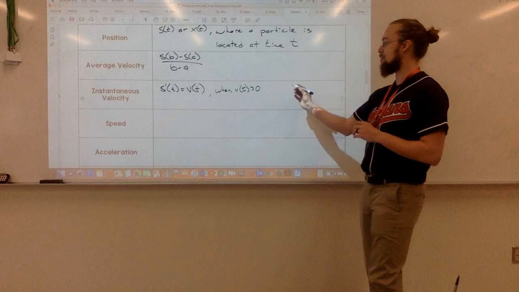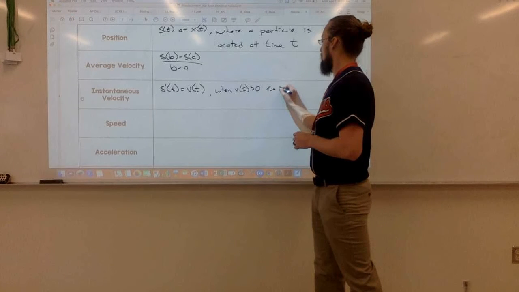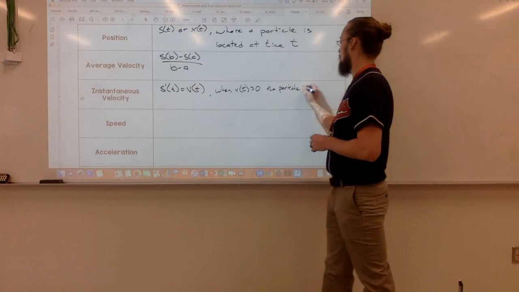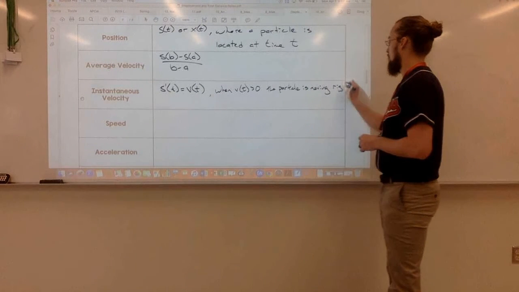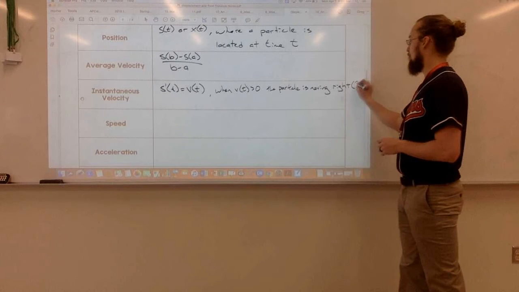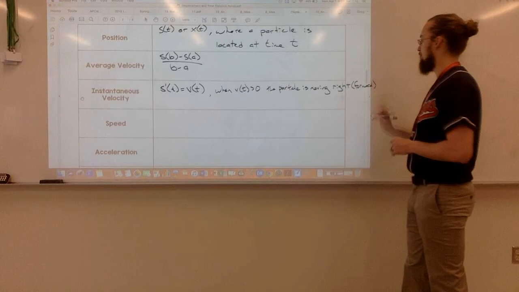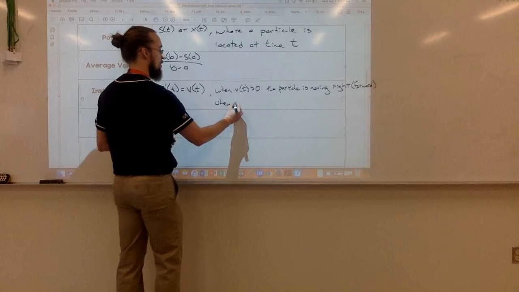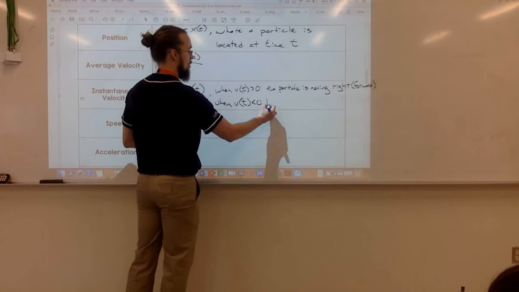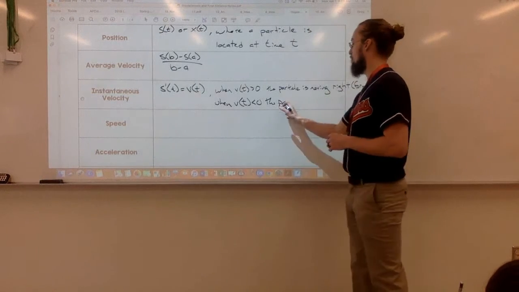So when our velocity is positive, the particle is moving right, or we could say forward. And when velocity is negative, the particle is moving to the left.